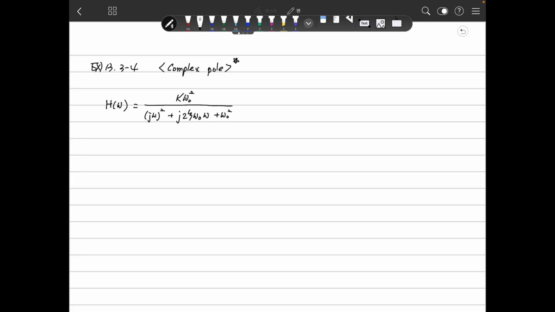So here k, omega 0 and zeta are some constants. This is a function of omega. Actually, this is a function of j omega.